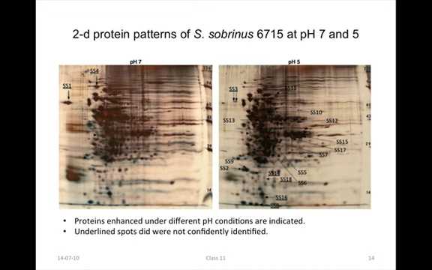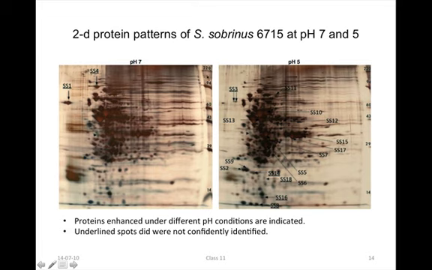Here's a 2D protein gel at pH 7 and pH 5. What they've done is they've looked at the proteins at pH 7 and tried to figure out which proteins are differentially expressed. They've got these two, SS1 and SS4, and if they're underlined, they don't really know confidently that that's actually different from pH 5.